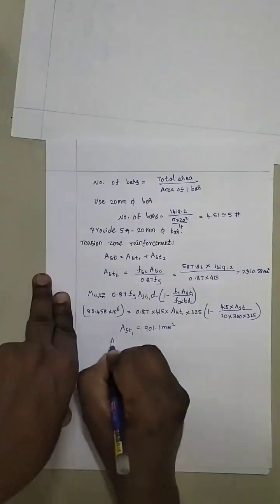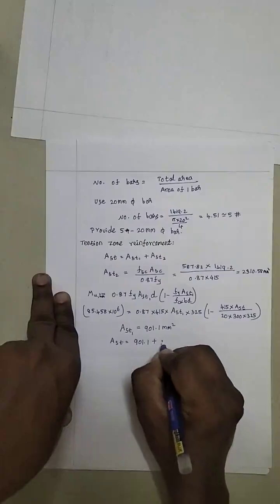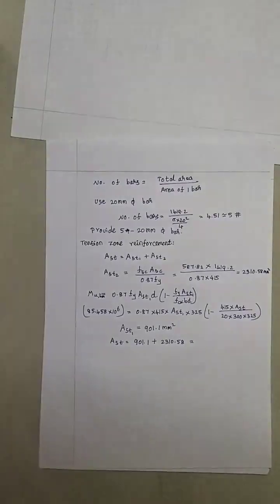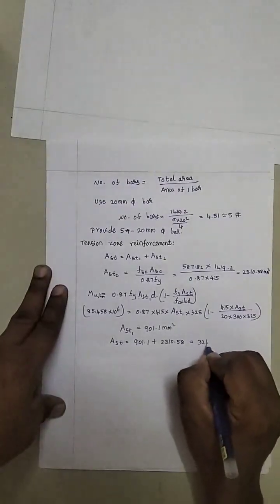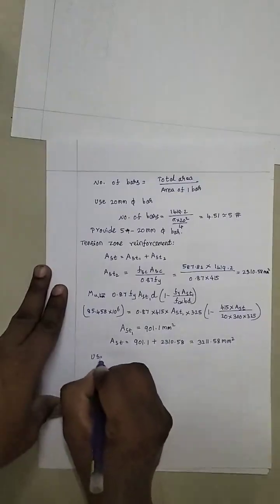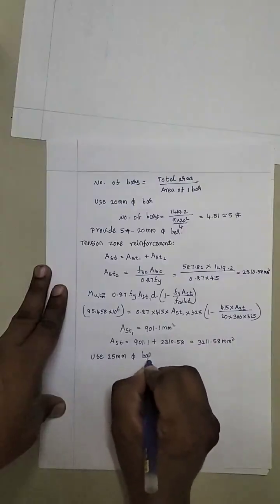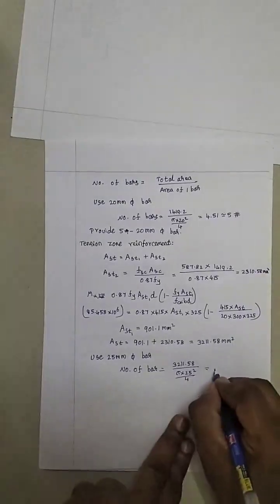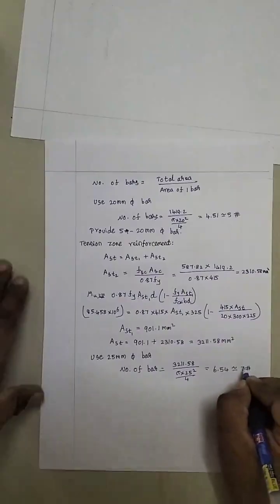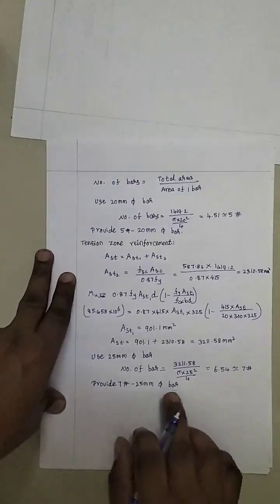In order to get the AST, we need to add these two values, 901.1 plus 2310.58. So the total value which we are getting is 3211.58 mm square. Here I am going to use 25 mm dia bar, and I need to calculate the number of bars, which is 6.54. So I can take it as 7 numbers. So here write, provide 7 number of 25 mm dia bar. If you want, you can write it as tension zone reinforcement.